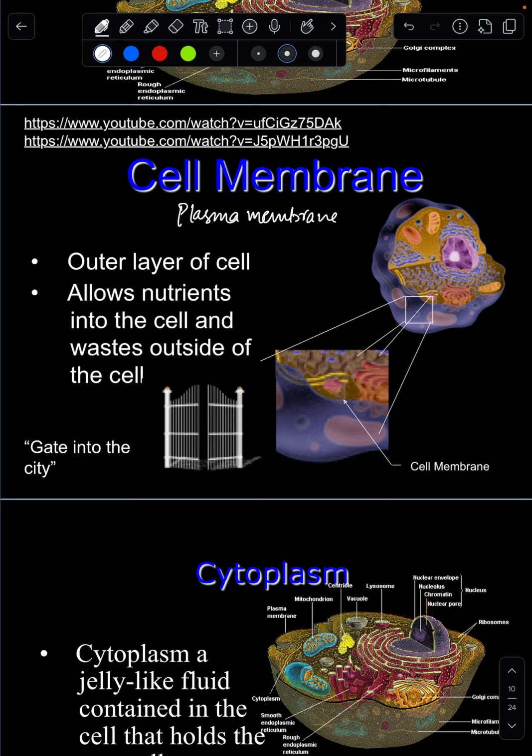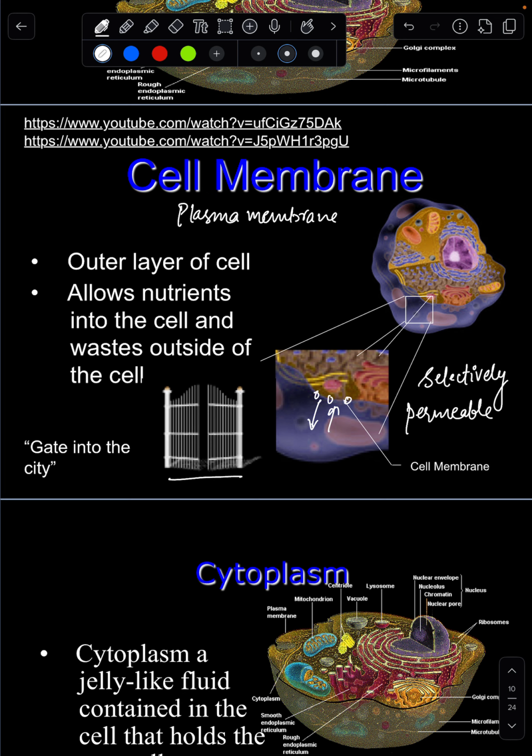Structure wise, it is porous, meaning it has tiny pores on it which allow entry or exit, like a gate into the city, entry or exit inside and outside of the cell. But still it is selectively permeable, meaning it does not allow all the substances to come in and out of the cell.